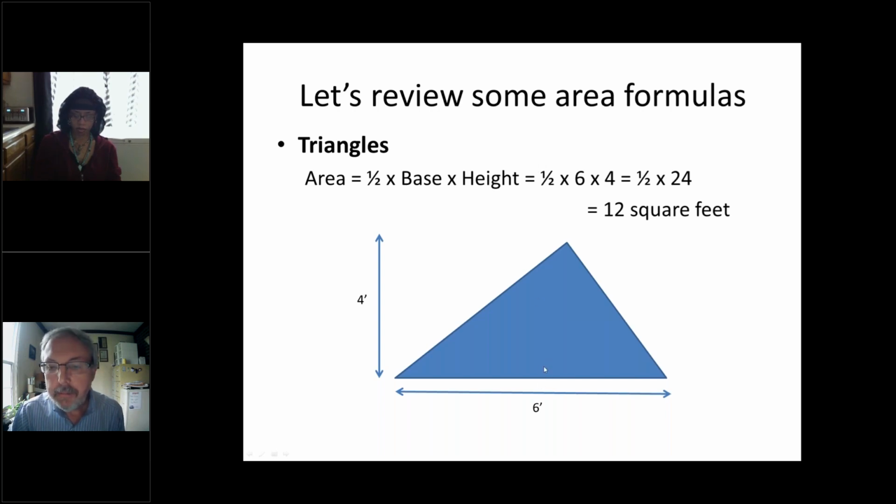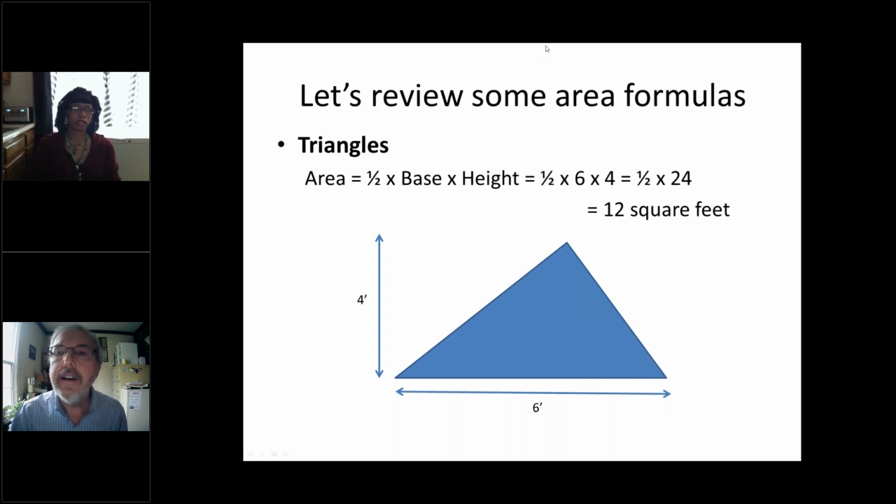So sometimes you hear people talking about 1/2 the base times the height. It's the same kind of thing, just 1/2 times the base times the height. Does that help? Yes. It's just, I understand it better just by dividing the base and just multiplying it by the height. The other way just confuses me.